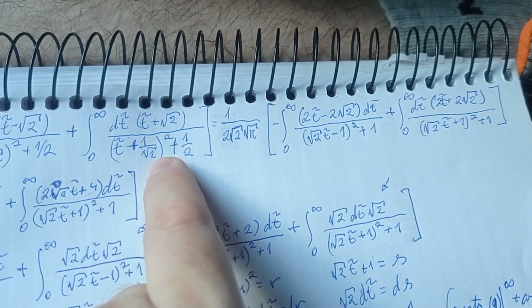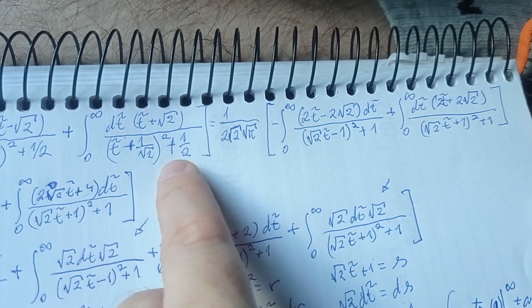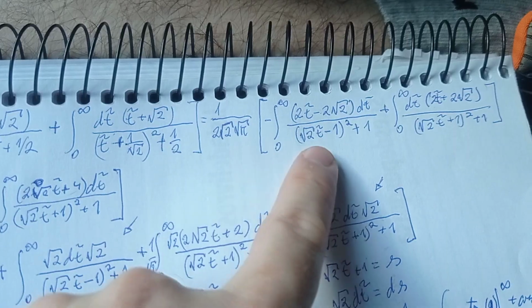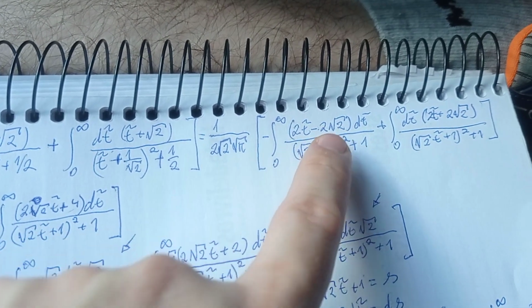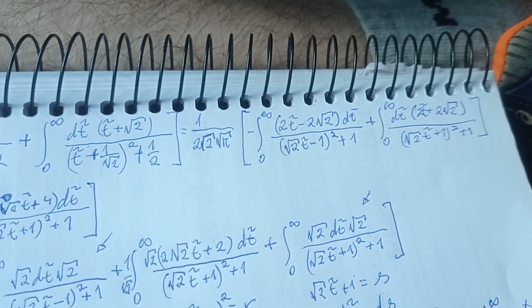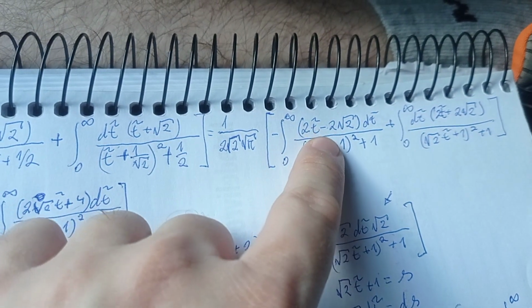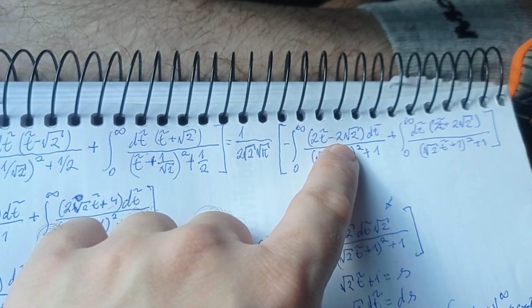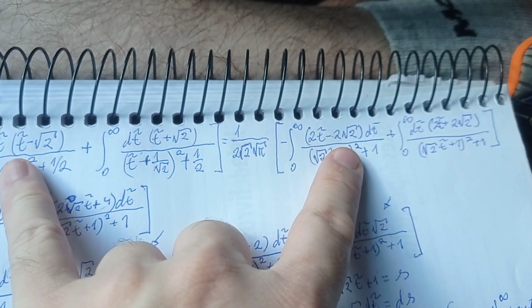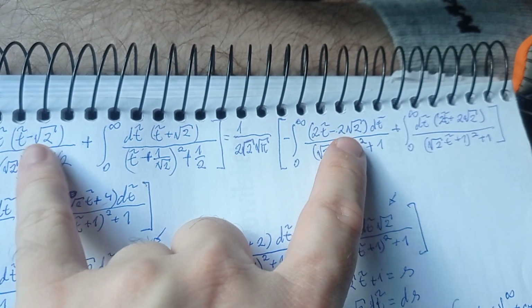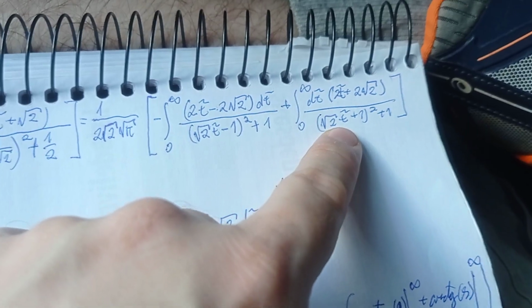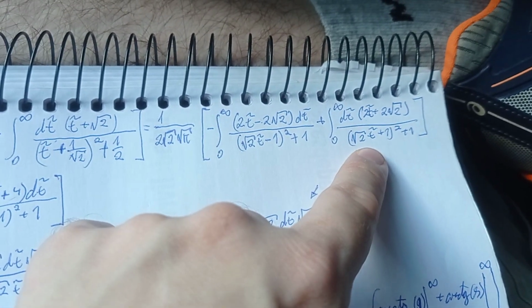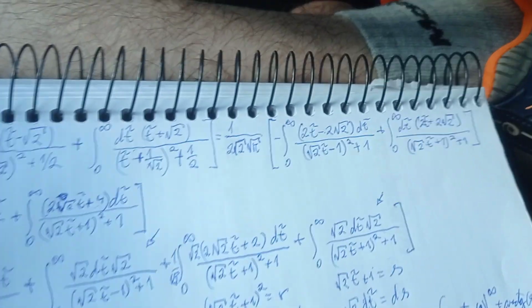So this square root becomes a minus 1, and this lack of square root is going to be a square root of 2, and above is only going to result in more 2's, so 2t tilde and 2 square root of 2. I'm putting this just so I can do this. And the same thing happens for the other term, kind of symmetrically.